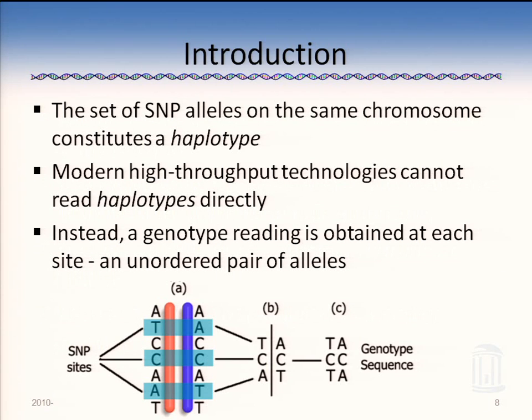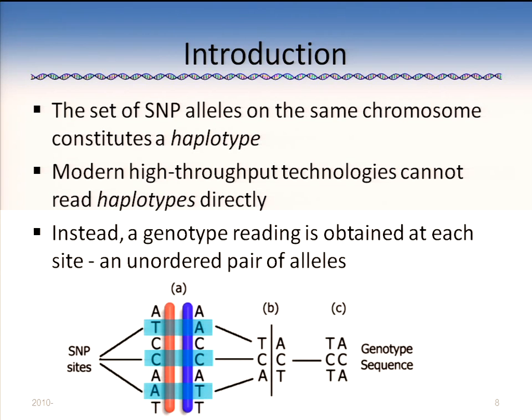First, some basic background information: the SNP alleles on the same chromosome constitute a haplotype. High throughput technology does not read haplotypes directly. So a reading is obtained at each site, which is an unordered pair, which means you only know the combination of alleles, but you don't know which one is from which haplotype. Here is an example of this concept.